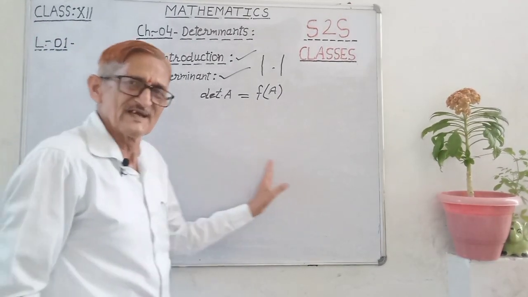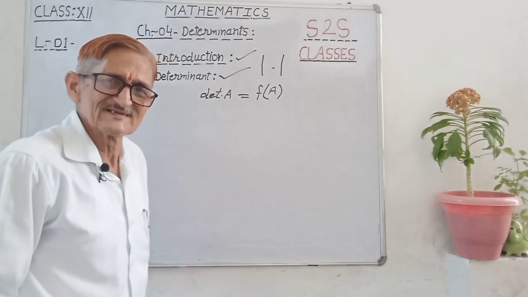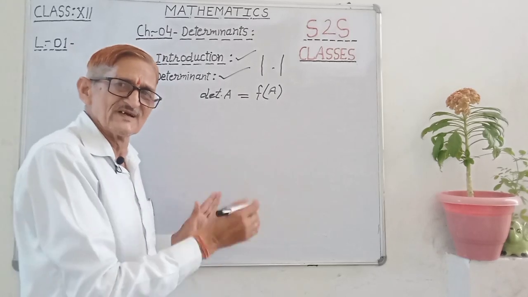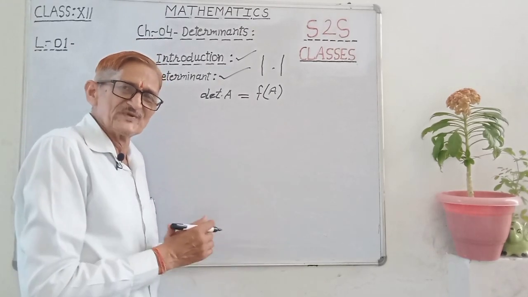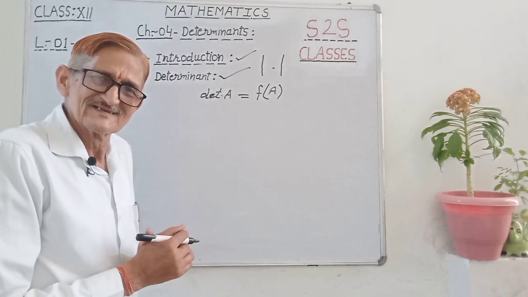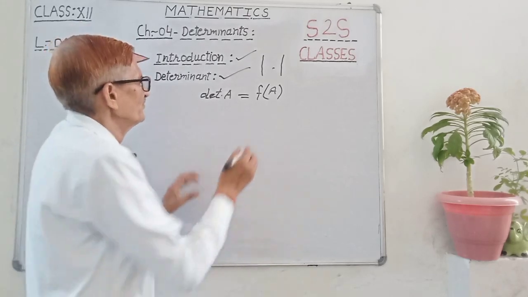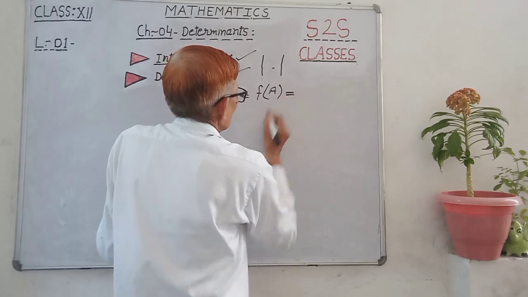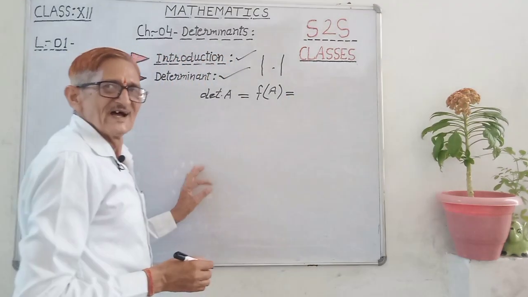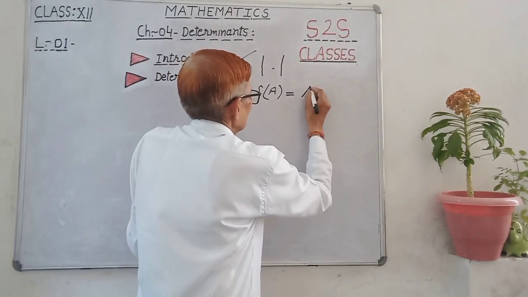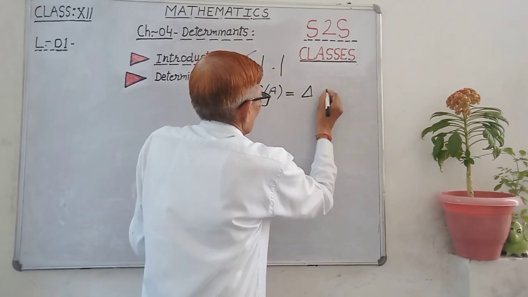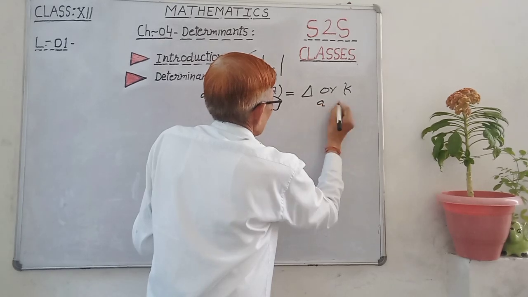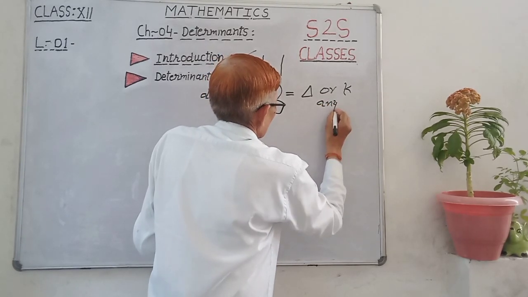Because we have treated it here like an algebraic equation, that is, as a function: the value of the determinant of a square matrix is any unique number. So this function f(A) is equal to the output, any value delta or k, any real number.